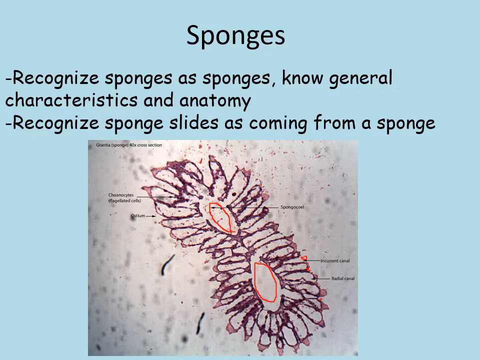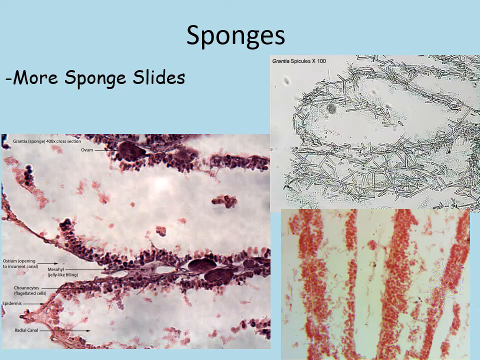These are pores. And eventually the water and food would go into these circular chambers. They're actually called flagellated chambers. And the flagellated chambers are lined by those special sponge-specific cells, the choanocytes, the collared cells. So here are some more sponge slides showing you these structures on a closer scale.